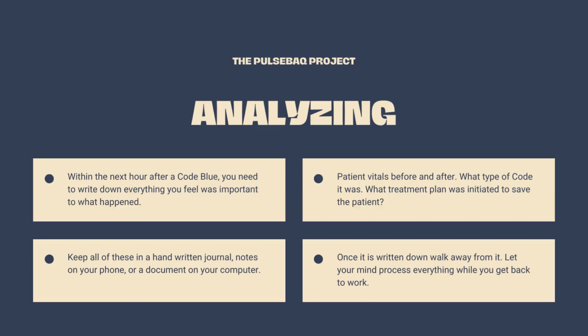I had just a 3-ring college ruled notebook that I wrote down what happened, how it made me feel, like all the different aspects of it, what was happening with the patient, all their vitals, what I could remember. And I put all these onto the paper. And then I tried to go through and immediately start doing that.